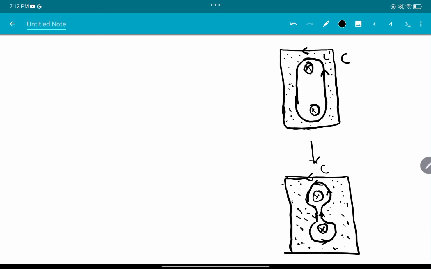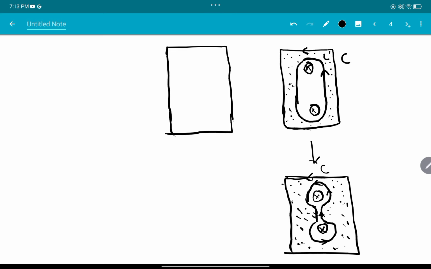In fact, these two branches of the path, this branch and this branch, we can imagine them to be coincident. The final version I will be showing here. It is like this.